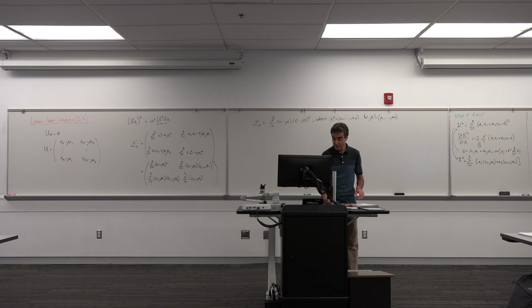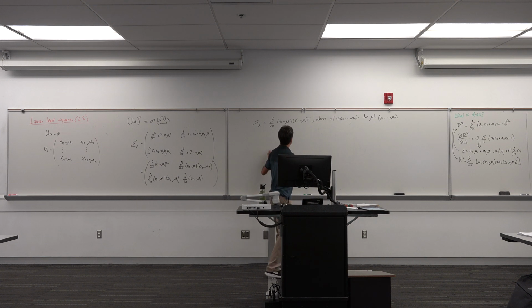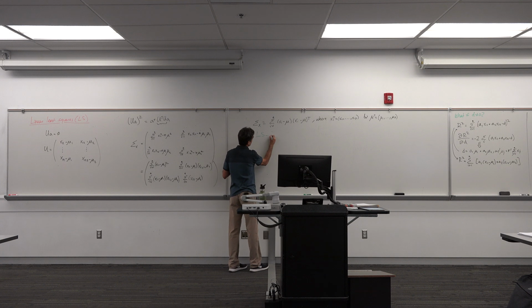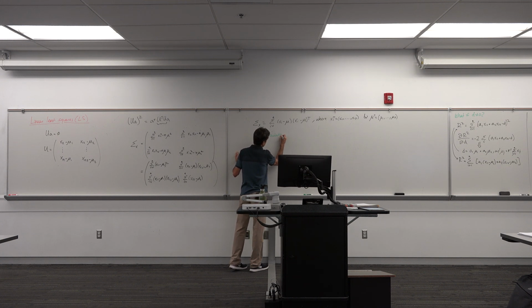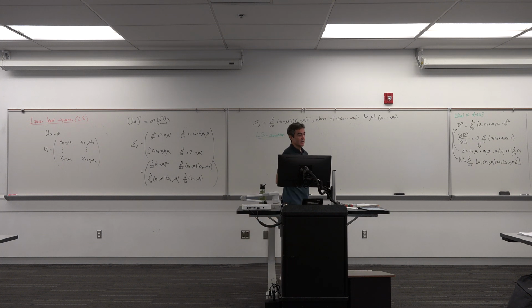So what's our least squares solution, as we had done before? Our least squares solution is finding the eigenvector associated to the smallest eigenvalue of sigma x.